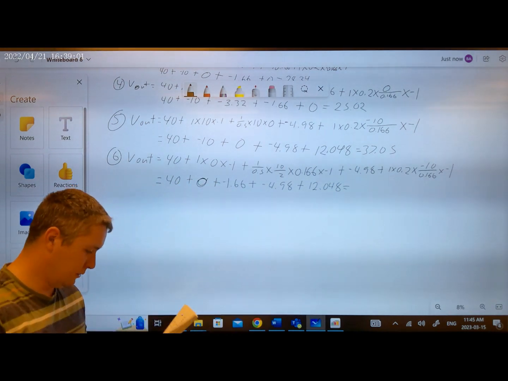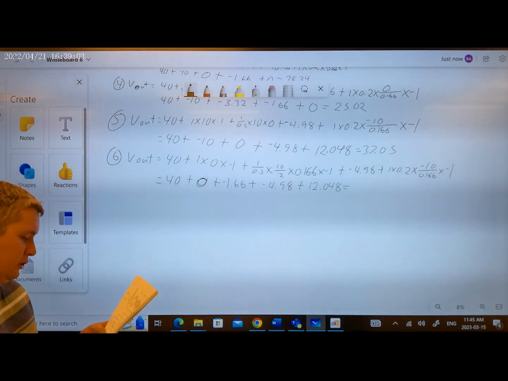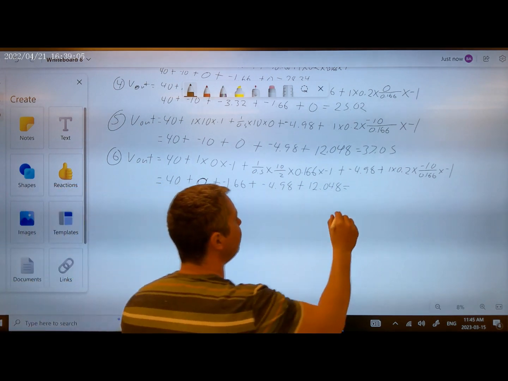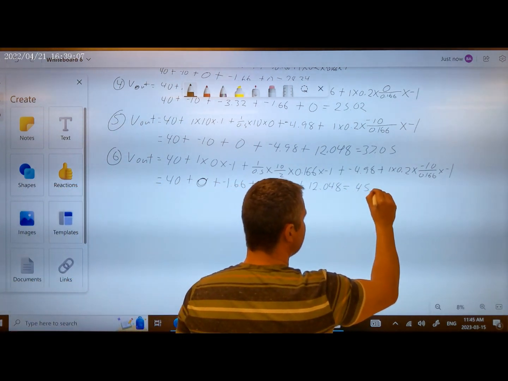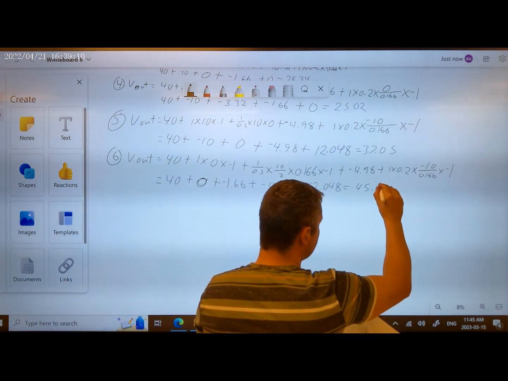When we add all those up, we should get 45.42.